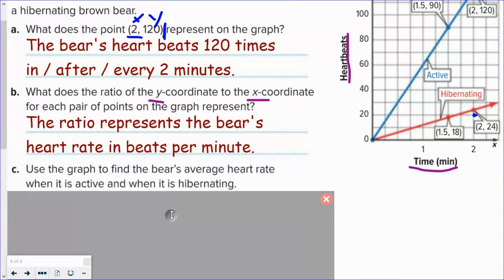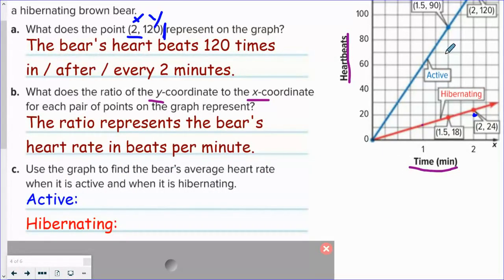All right, use the graph to find the bear's average heart rate when it's active and when it's hibernating. So here we know what is our 1. Okay, so for active, we have 60 beats per minute.